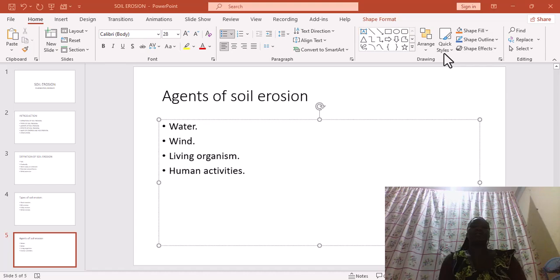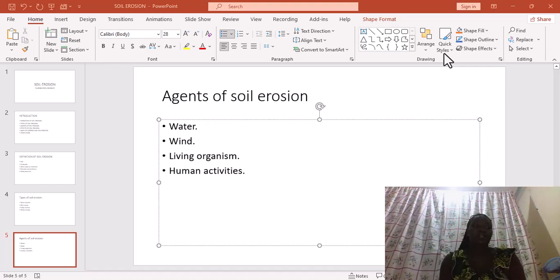So by definition, agents of soil erosion are natural forces, factors that contribute to the detachment, transport, and deposition of soil particles. So the first one we have is water, being one of it, and the most significant of all these four agents of soil erosion, as you can see.